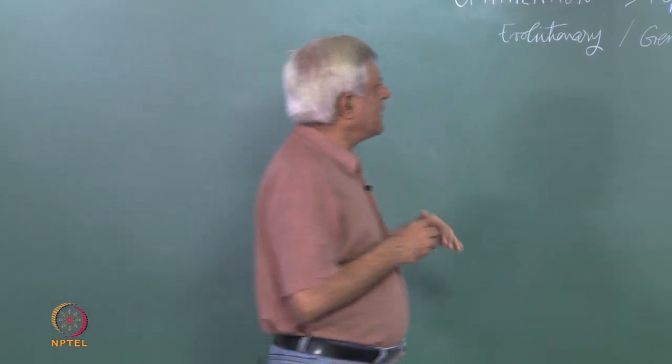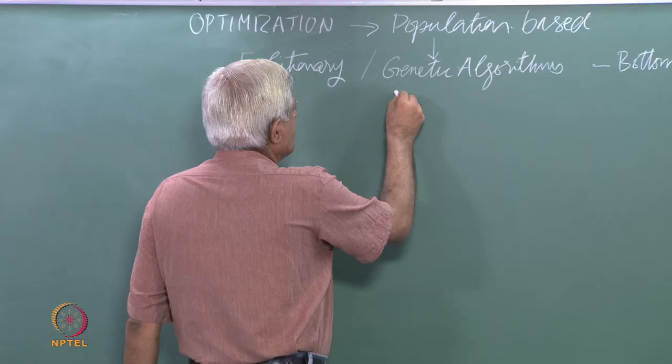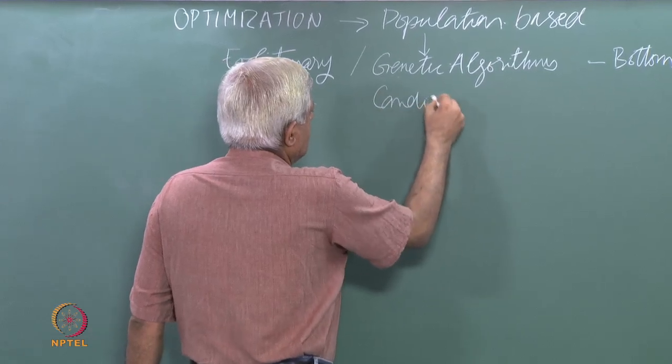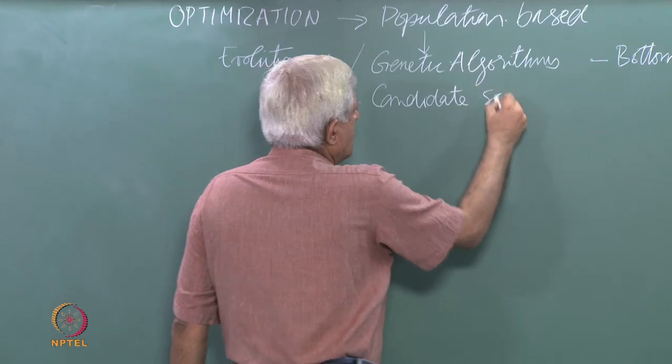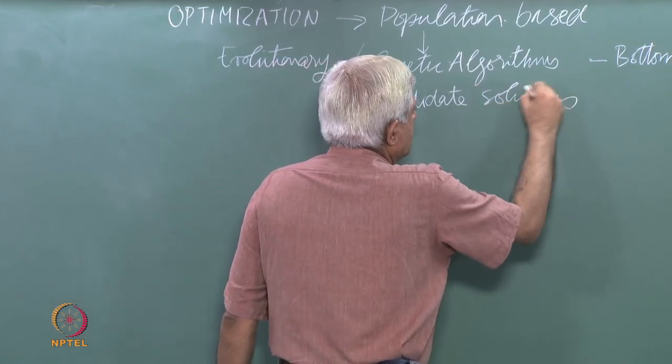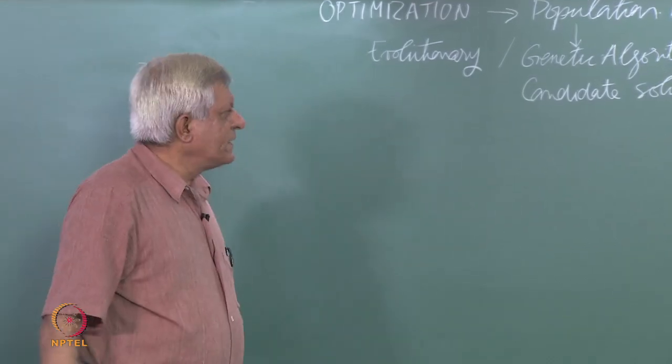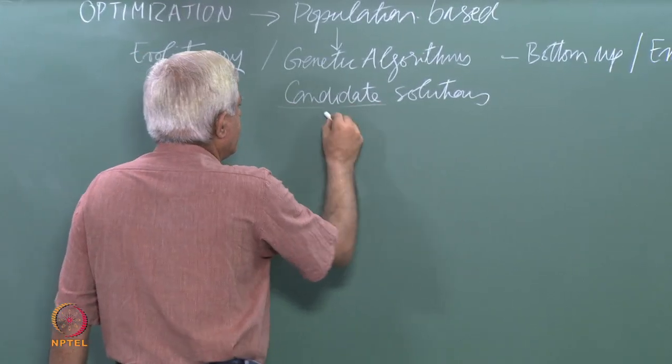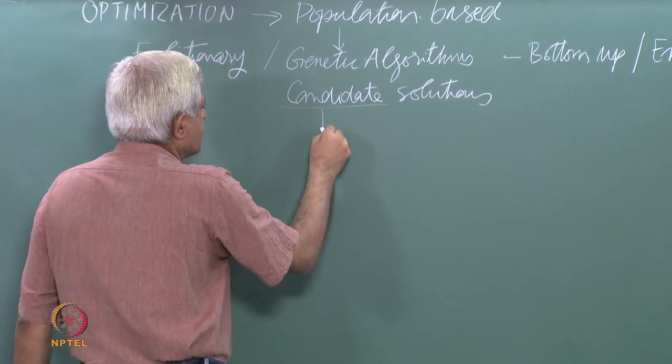So, the idea in genetic algorithms is that we have a population of candidate solutions, and each candidate is made up of components.